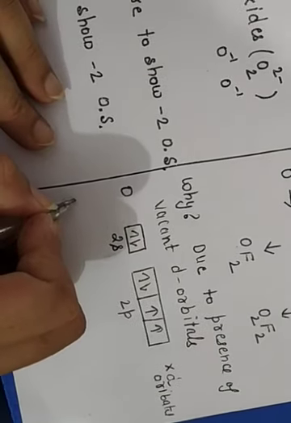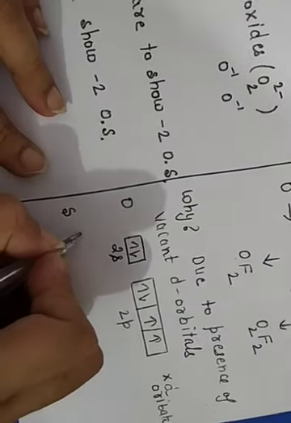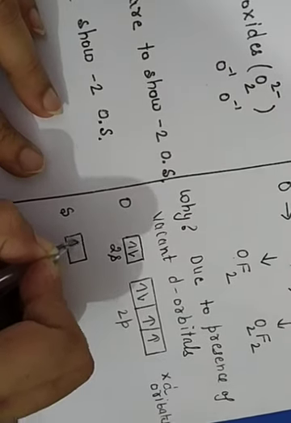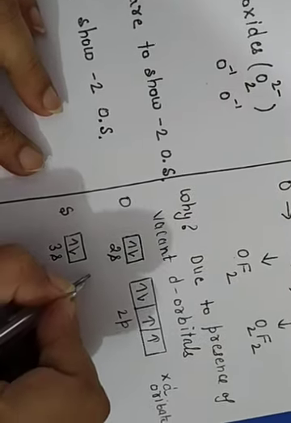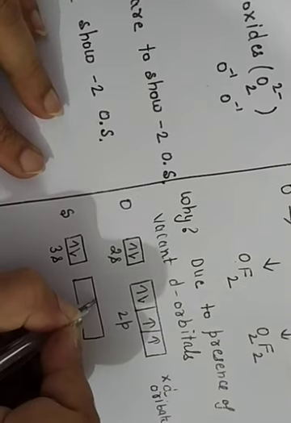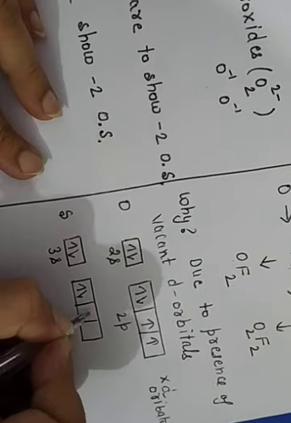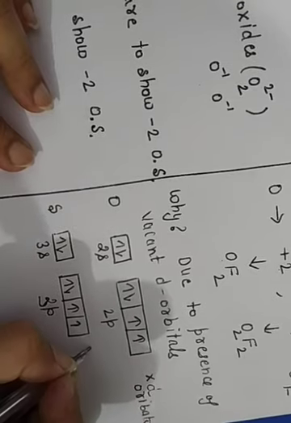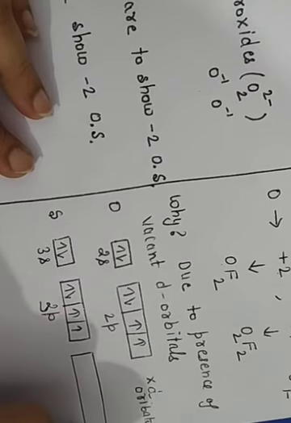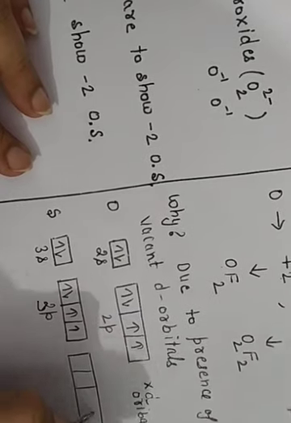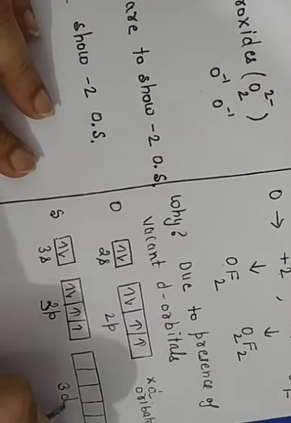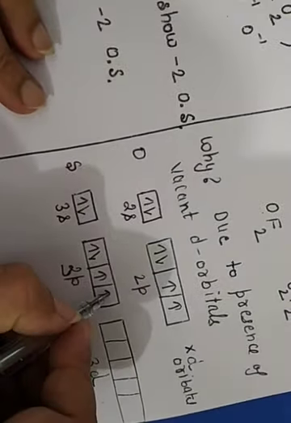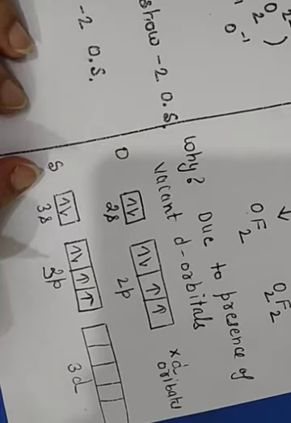But if we discuss sulfur, its valence shell is third, so it has 2 electrons in the 3s orbital, and 4 electrons in the 3p orbitals, and here the 3d orbitals are empty. So for 2 bonds, there are 2 half-filled atomic orbitals present on sulfur in ground state.